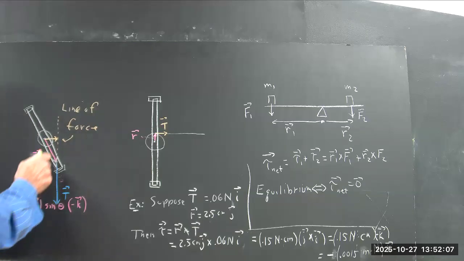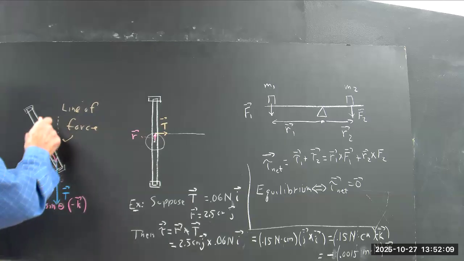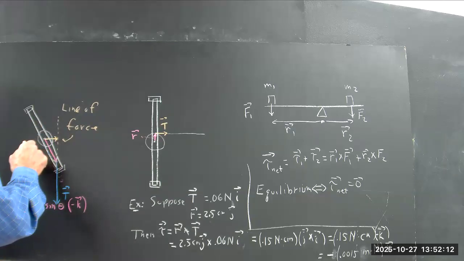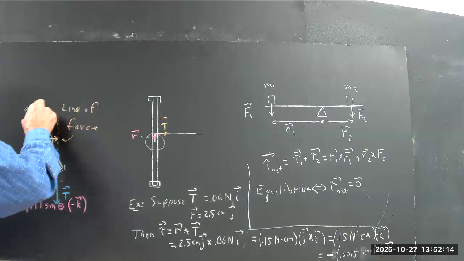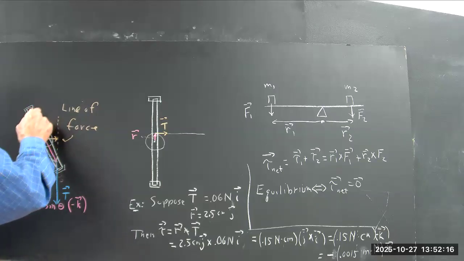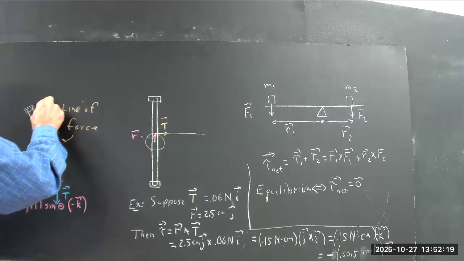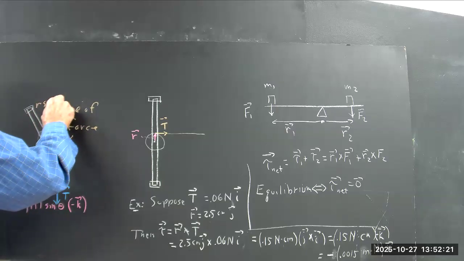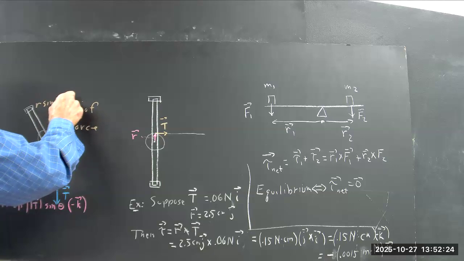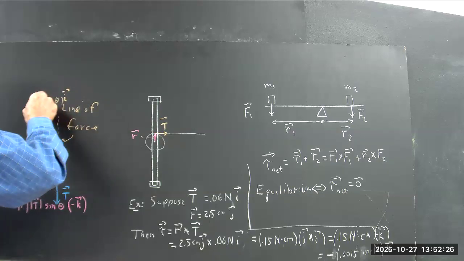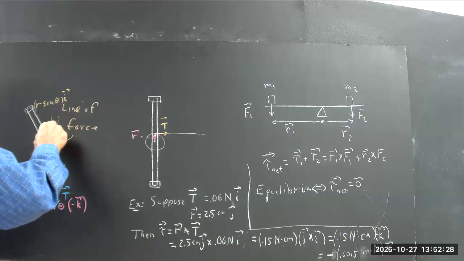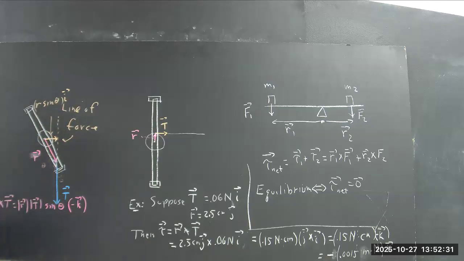With the notation I've got here, the length of this vector is very clearly R sine theta times the I vector, where R is the length of this vector. You just got a right triangle here. Right there's your opposite side from the angle theta. Okay?